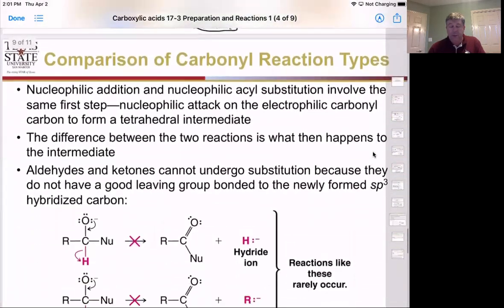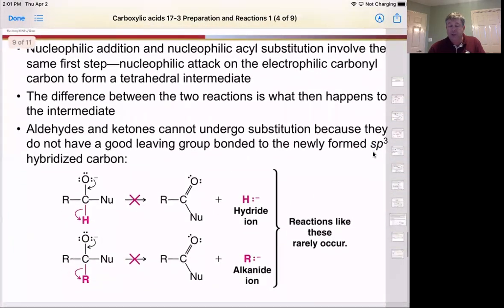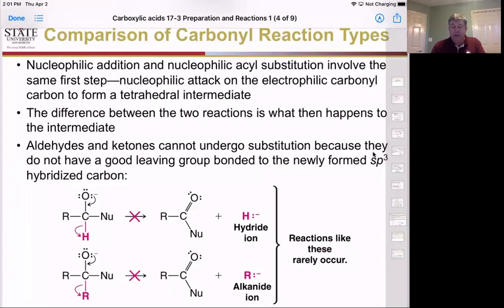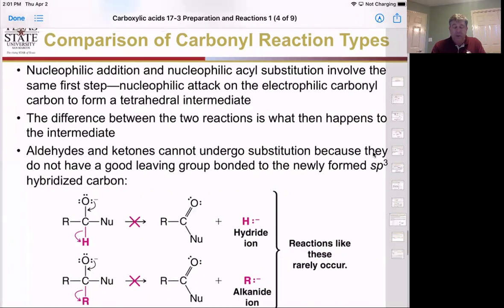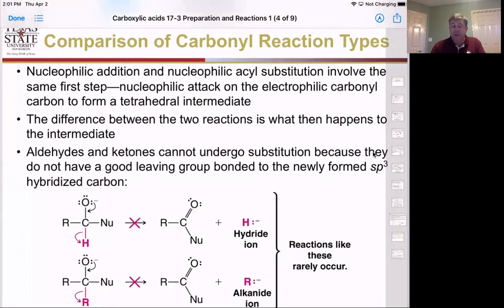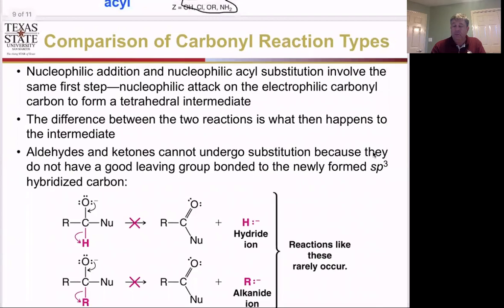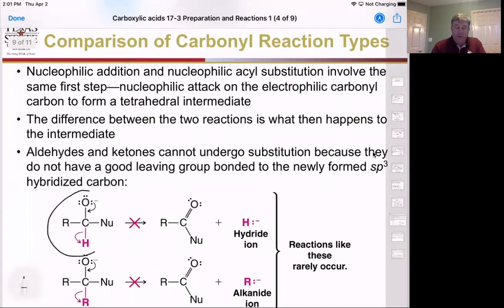All right, so if we look at this reaction and the function of an aldehyde or a ketone, we would want the first step to be the attack of the nucleophile, creating this tetrahedral intermediate right here. And it does not have the hydride would be a leaving group here.